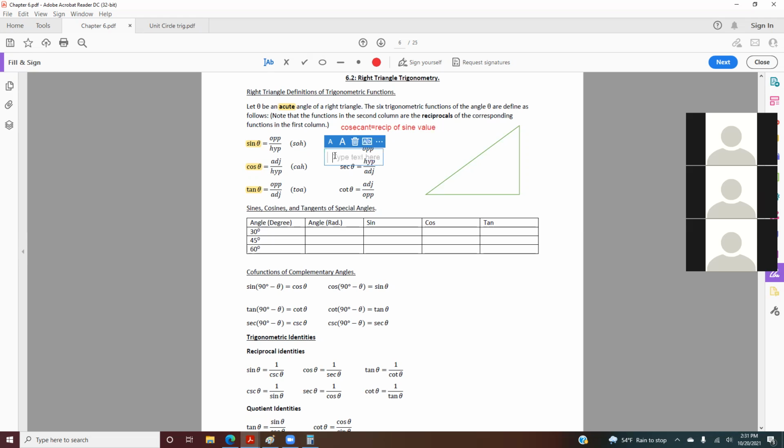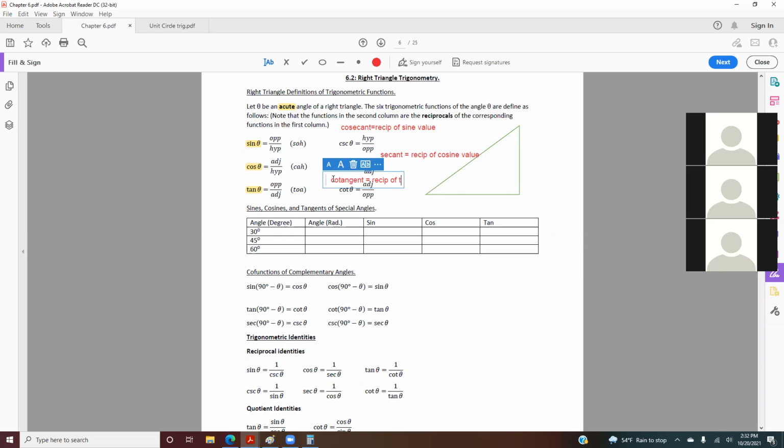This SEC is called secant. Secant in this case is the reciprocal of the cosine value. So that means if your cosine 60 degrees is 1/2, then secant 60 degrees is 2. You flip it. This one means cotangent. Cotangent is the reciprocal of the tangent value.